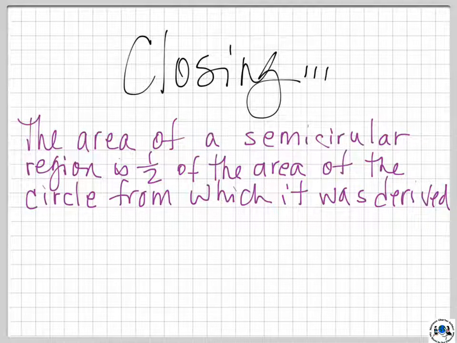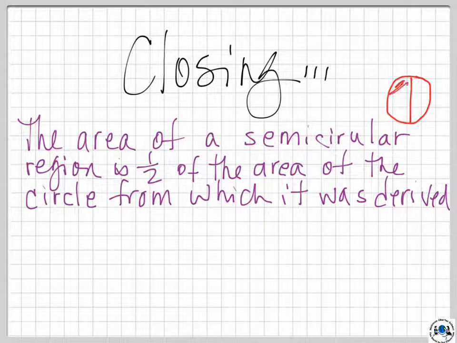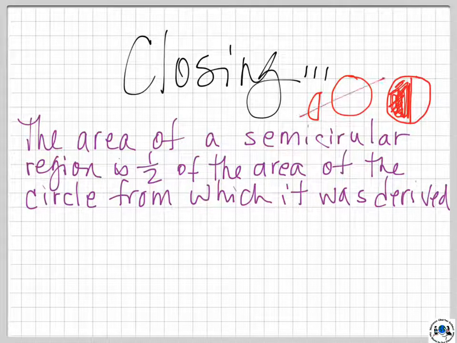The circle it came from has to be the one. It can't be any semicircle. If I had a circle, the only semicircle that's going to be half the area of that circle is one that came from that circle. So just very important. You can't say this semicircle is half the area of that circle because it didn't come from it. So that doesn't work.